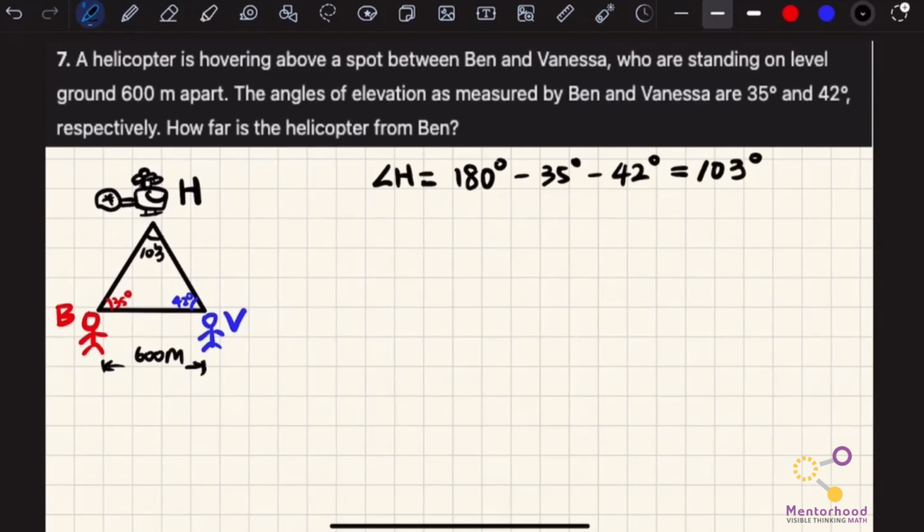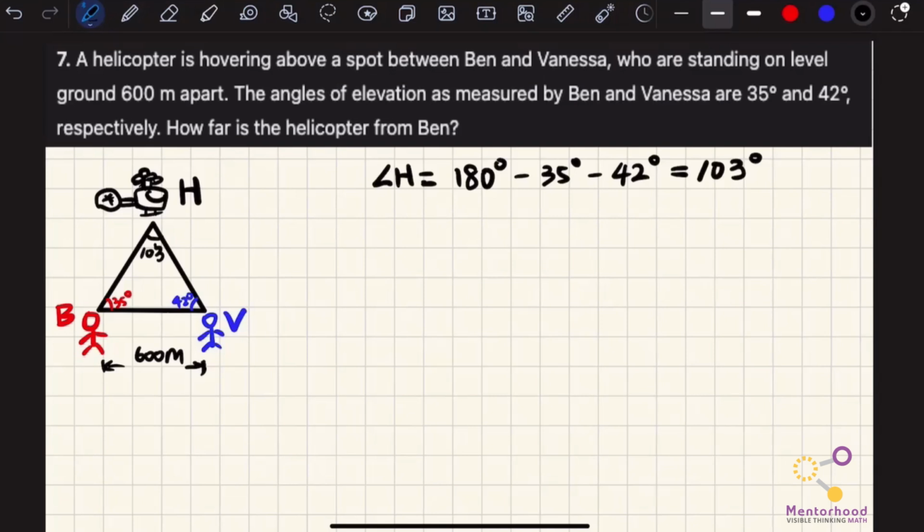Now what should we do? Well, at this level, we don't have right angles, right? We cannot use the other formulas, but we can use one thing for non-right angle triangles: the sine law, the law of sines.